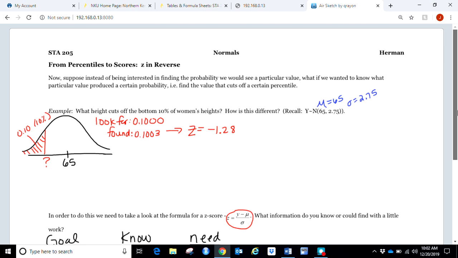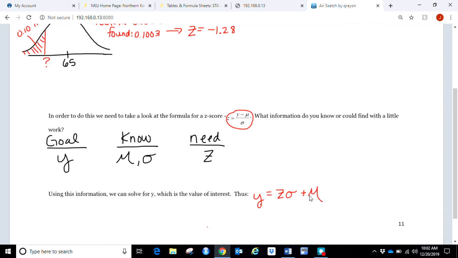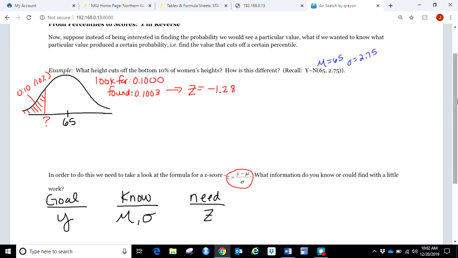Now I'm going to take this formula we have here, and I know everything to plug in. My z is going to be the negative 1.28 that I just found. My standard deviation is that 2.75 given to us earlier, and the mean is going to be 65.